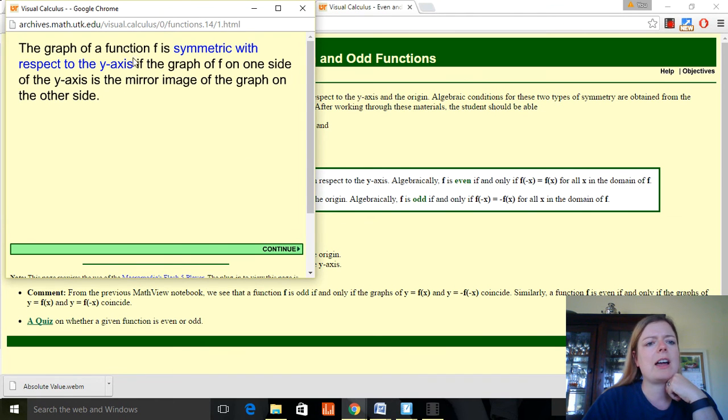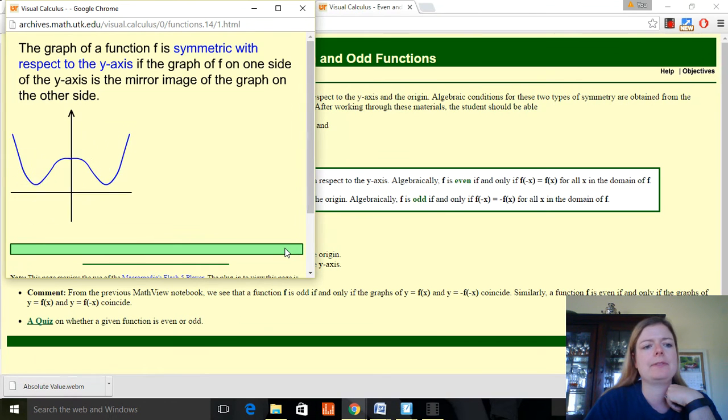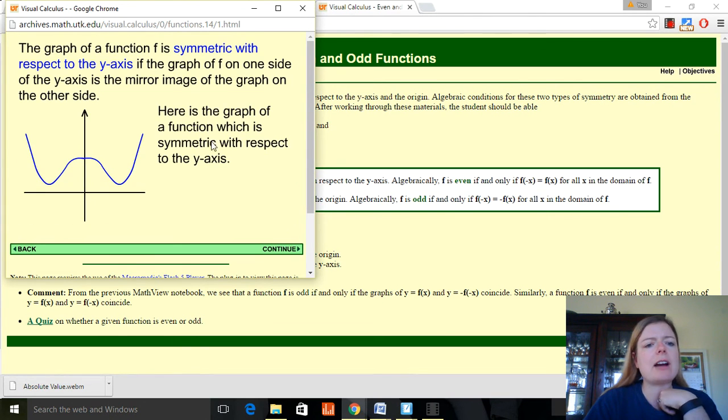The graph of a function f is symmetric with respect to the y-axis if the graph of f on one side of the y-axis is the mirror image of the graph on the other side. So here is a graph of a function which is symmetric with respect to the y-axis. If you put a mirror on the y-axis, this would reflect perfectly.